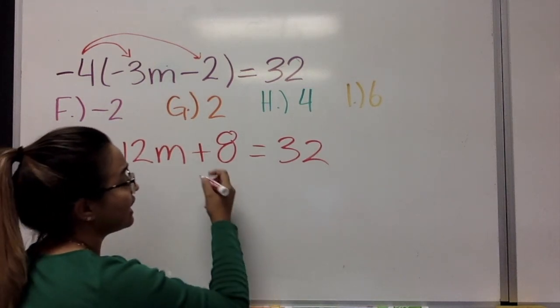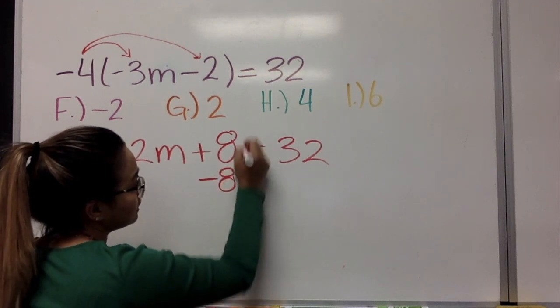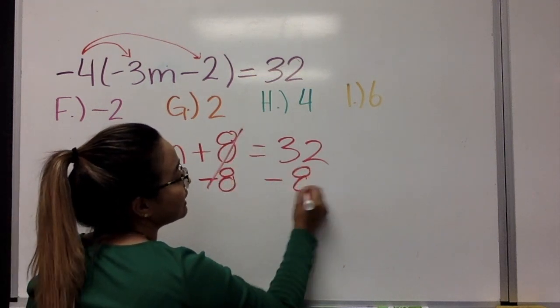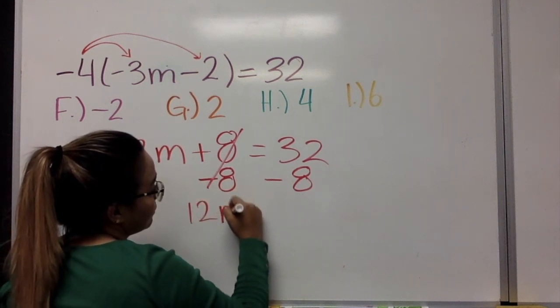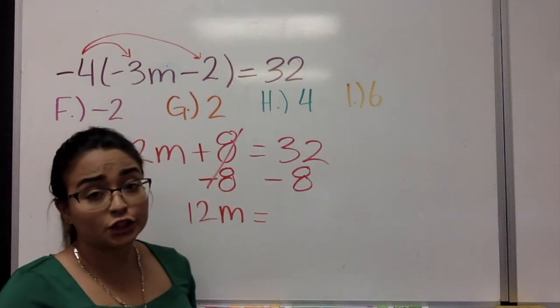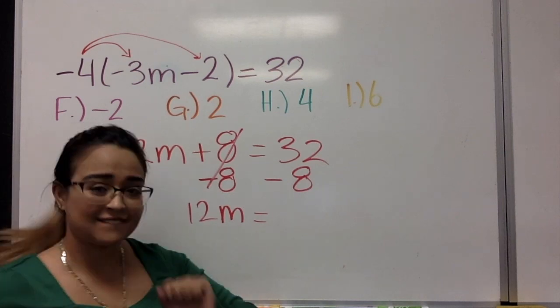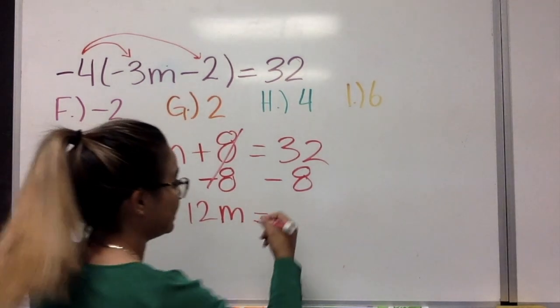Now let's get rid of the 8 on this side. We're going to subtract it. Whatever we do to one side, we do to both. Now we have 12m equals, what's 32 minus 8? 24.